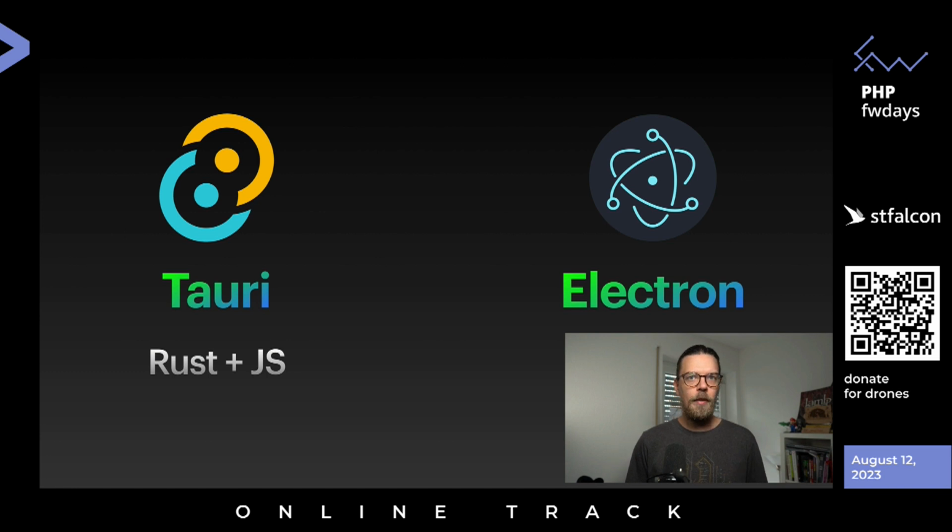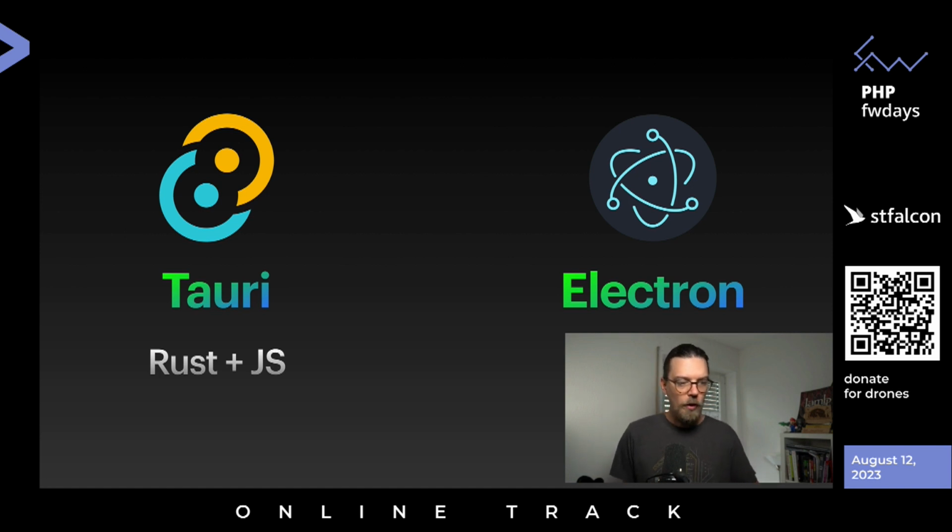Now, there are also a lot of pros and cons between using Tauri or Electron. Tauri, for example, is a lot smaller than an Electron application, and it uses less memory. That's because it doesn't ship an entire browser, while Electron basically bundles and ships Chromium along with its applications.